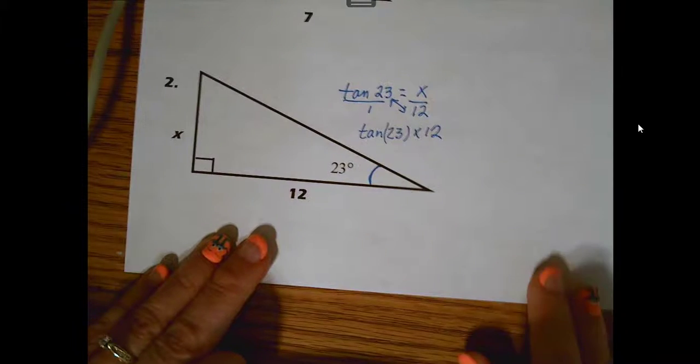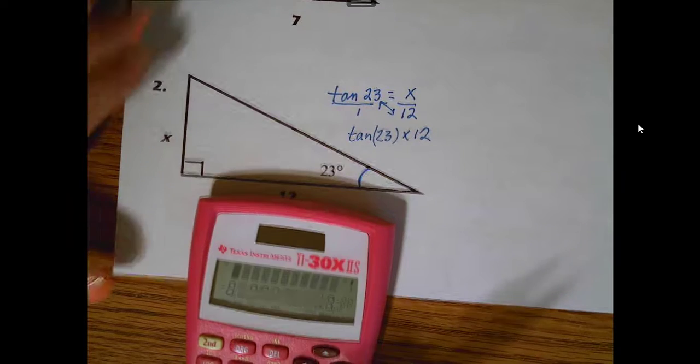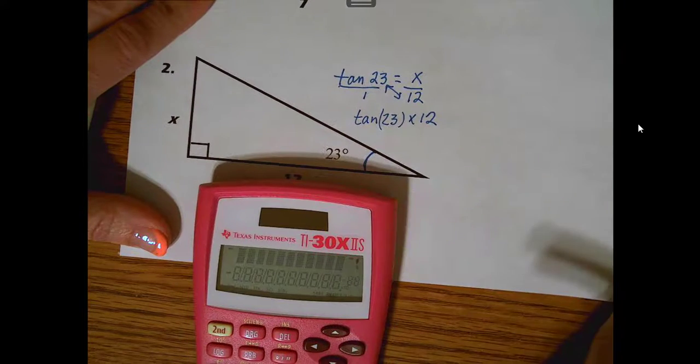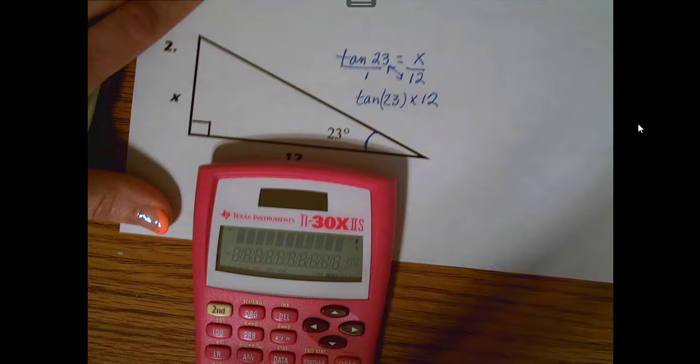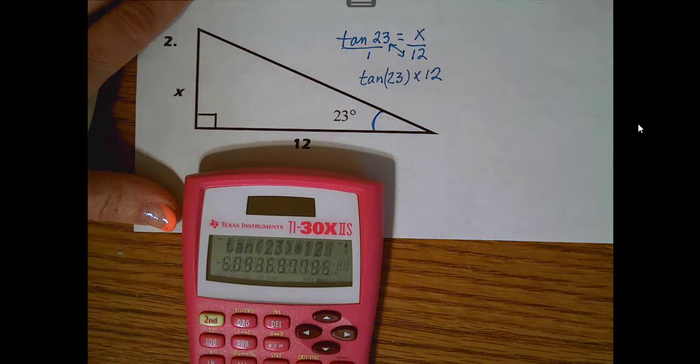Move that up a little bit so we can see the calculator. Hit clear. Okay, so I'm going to hit the tan key, put in the angle degree, 23, close it up, and times it by 12. All right, let's see what we get this time.